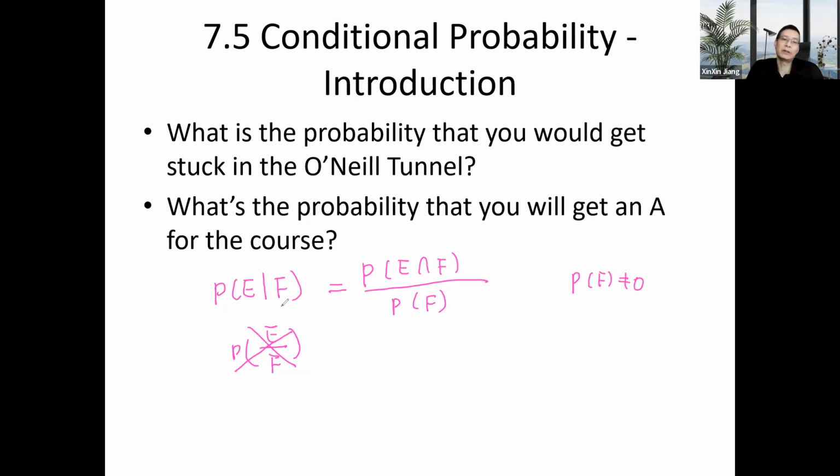What this really means is knowing F happens. If the probability of F is 0, then it won't happen, so knowing F happens is contradictory. We don't define the conditional probability when the known information will never happen. So this is the definition.